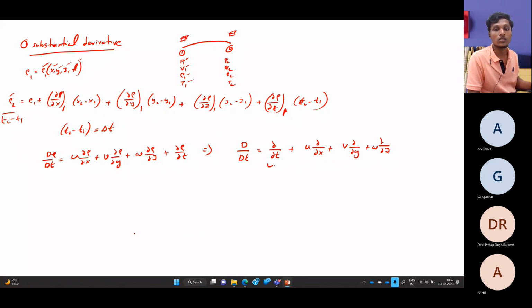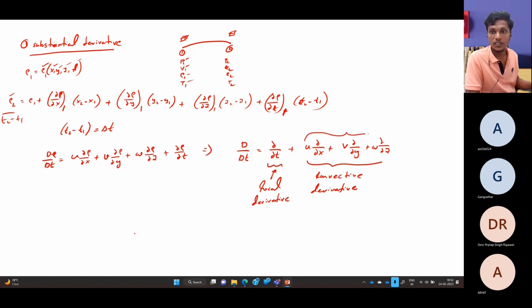So this first component we call the local derivative. And this component we call the convective derivative. It is the change of any property because of changing its position.